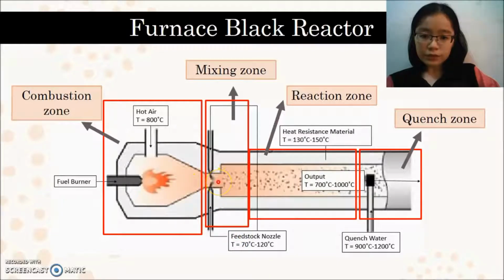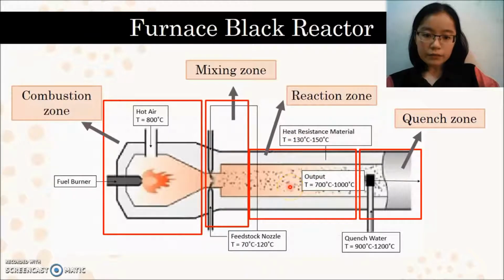After the mixing zone, the reaction of the reactant will be carried out at the temperature which is 100 to 150 degrees Celsius, and the reaction zone is covered by the heat resistant material which can withstand the high temperature.